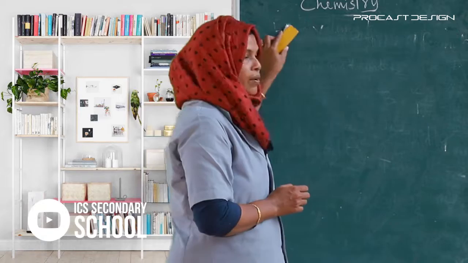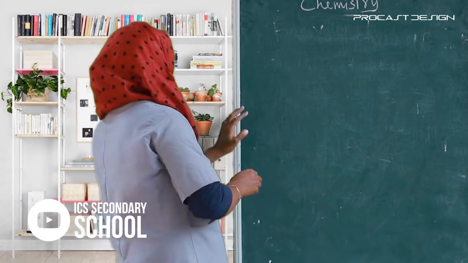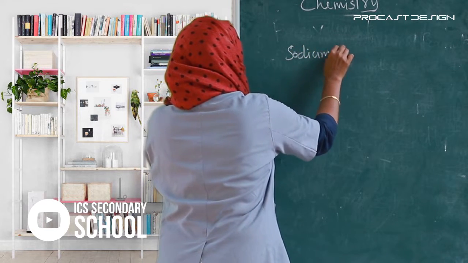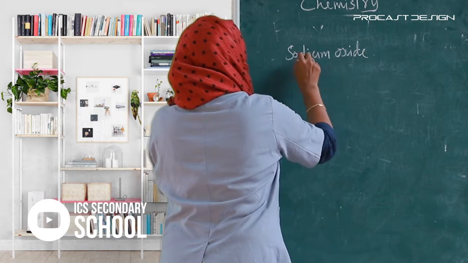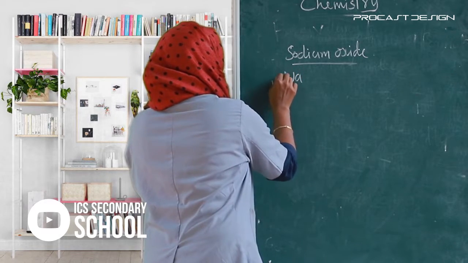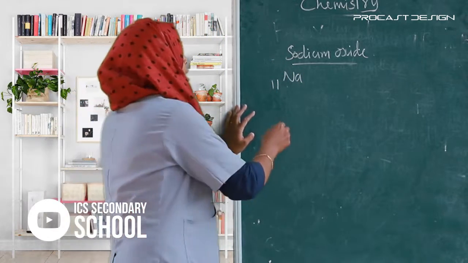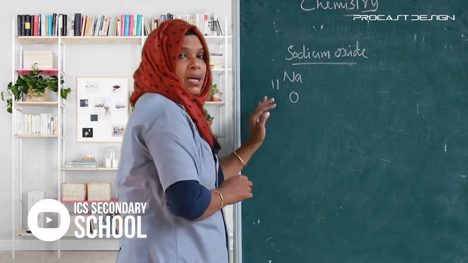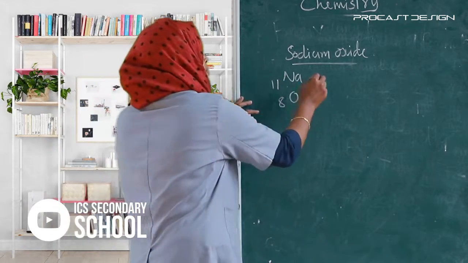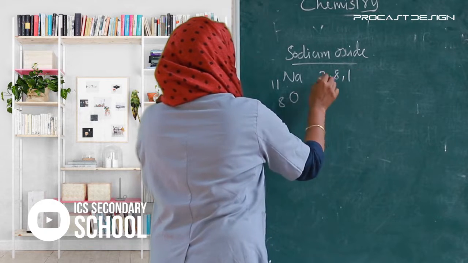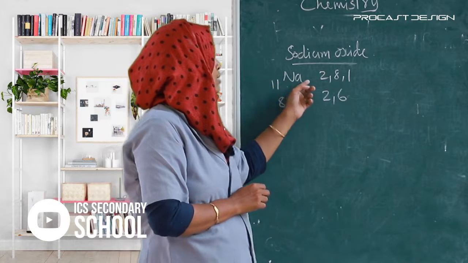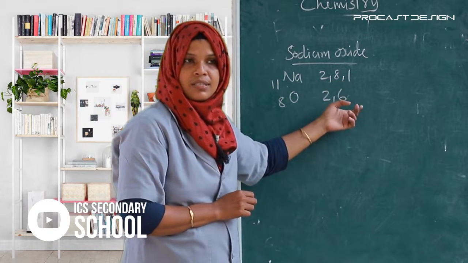Next question: write the chemical formula of sodium oxide. First, the symbol of sodium is Na and its atomic number is 11. Then oxygen, atomic number 8. First, write the electronic configuration: sodium is 2, 8, 1 and oxygen is 2, 6. Sodium donates 1 electron to the oxygen atom.